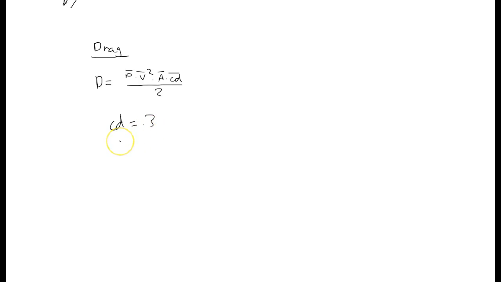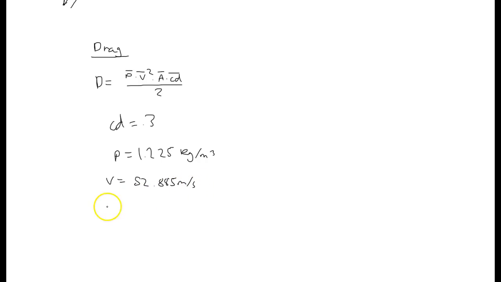The density of air at 15 degrees Celsius, which is when Gary Sanchez hit the ball, is 1.225 kilograms per meter cubed. The velocity is the same as we had earlier, 52.885 meters per second.